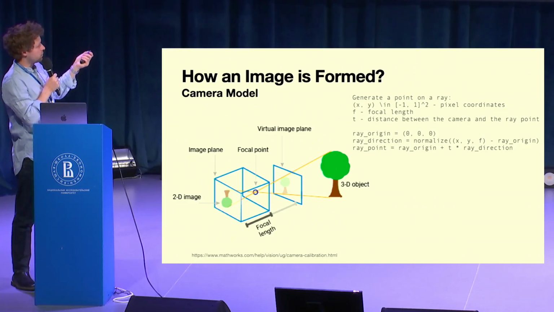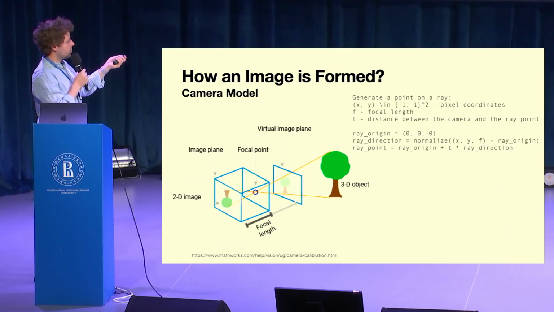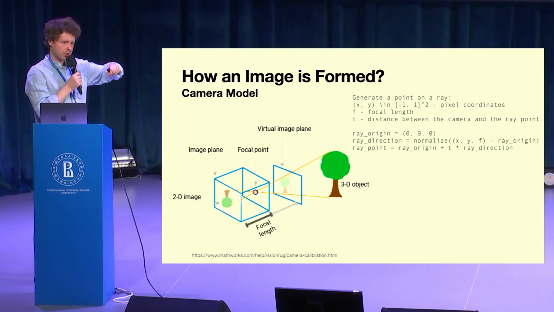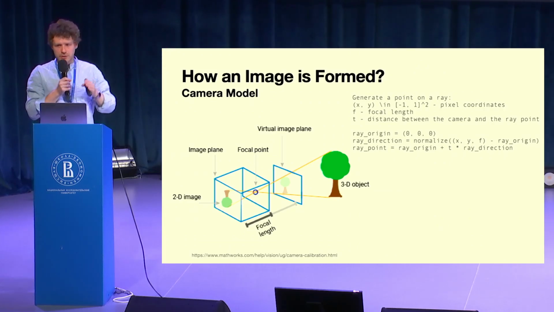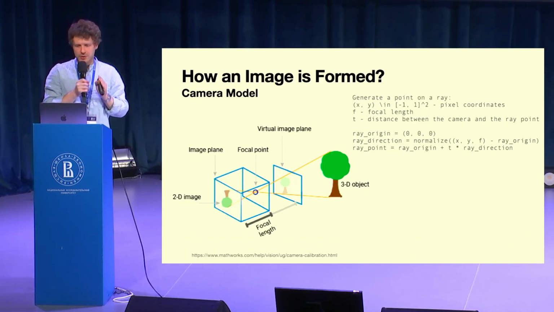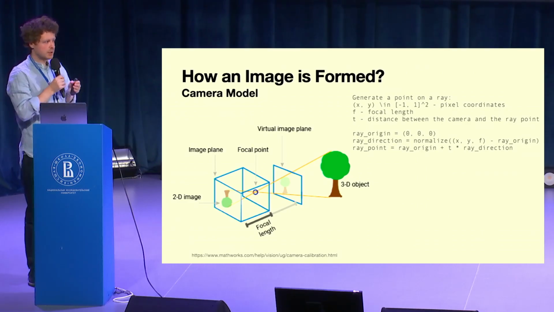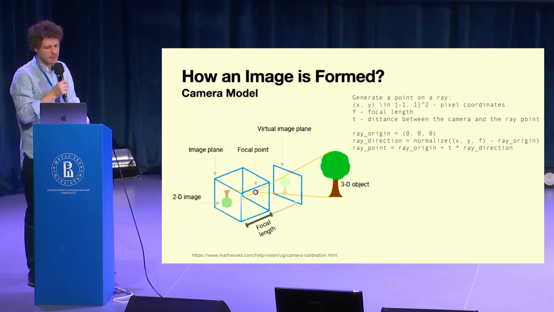So in order to compute the ray direction, we just compute this vector, and then the ray point is the sum of the ray origin plus direction times the distance we travel. If we wanted to cover the ray with a multitude of points on some grid, we'll just have to take multiple values of t and repeat this procedure for different t.